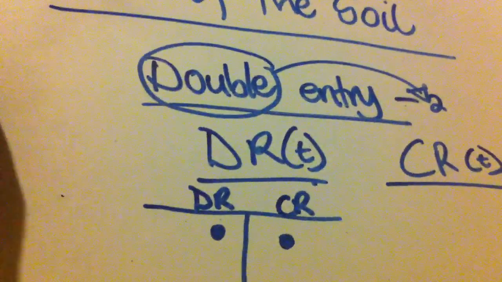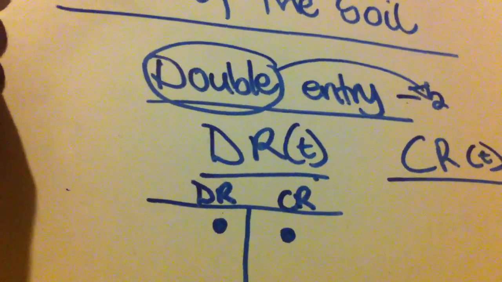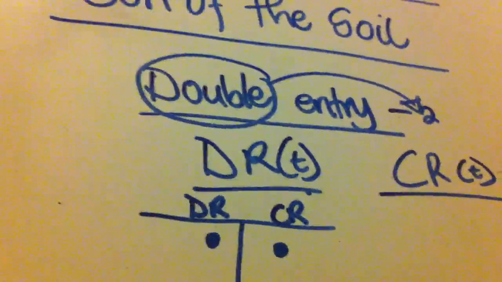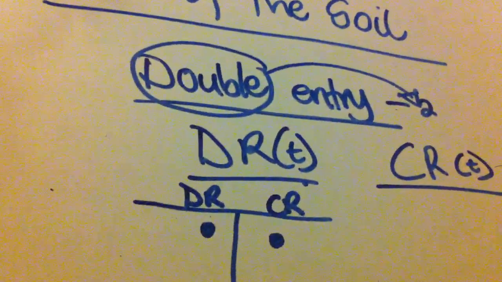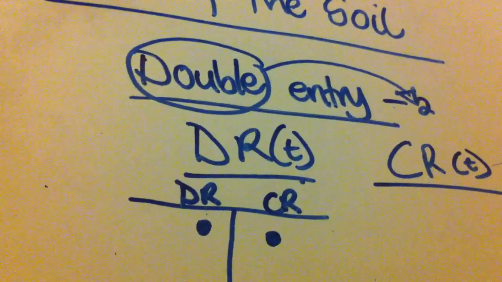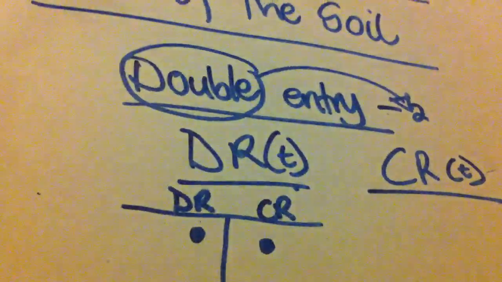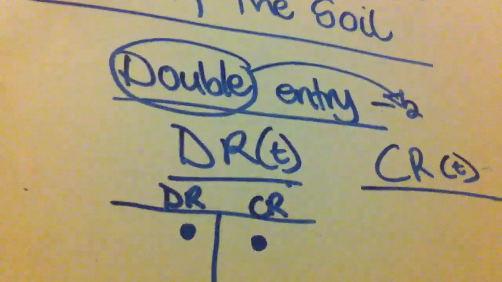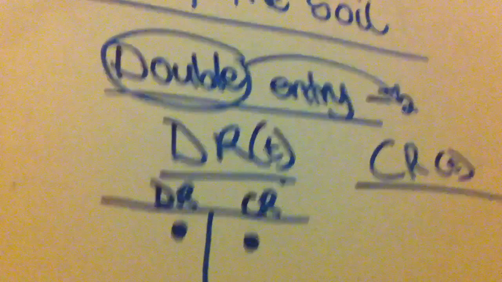Why is it that there should be a corresponding credit side? So this obviously is broken down into what is the transaction, or what does the transaction say, or what was the transaction.